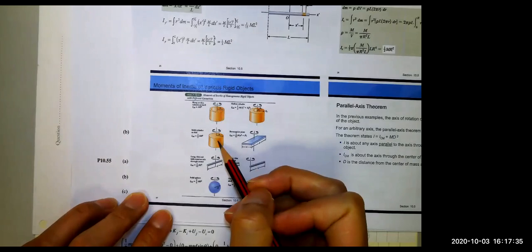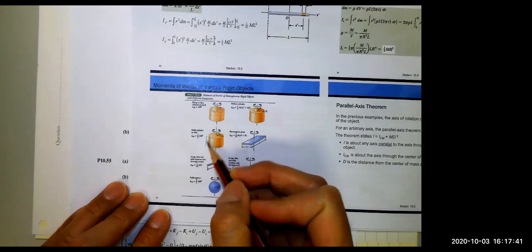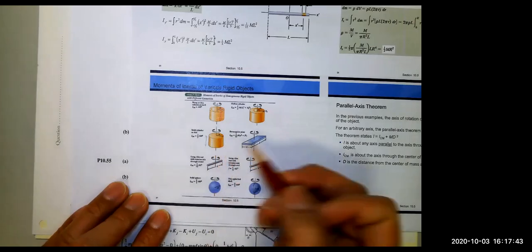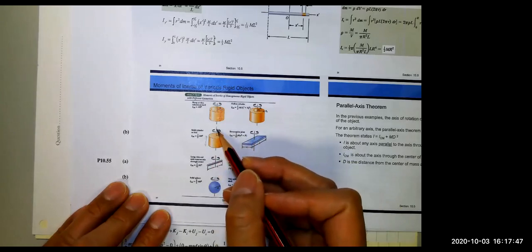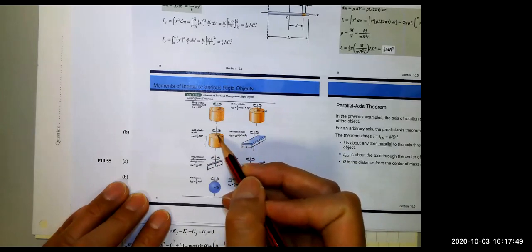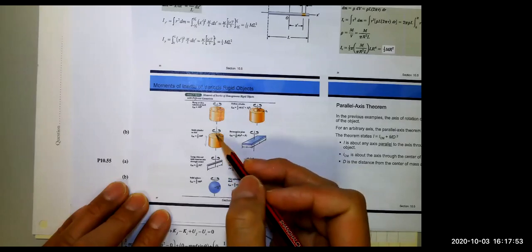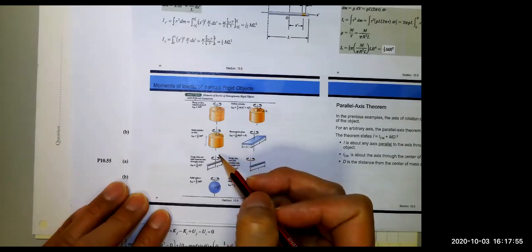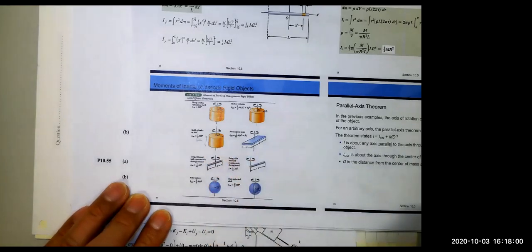This is the wheel. Of course, you will say this is a cylinder, but if your cylinder is getting thinner and thinner, then it becomes a wheel. So the moment of inertia, it is about the center of mass, and it goes all the way through the axis. So it is 1/2 mr squared.